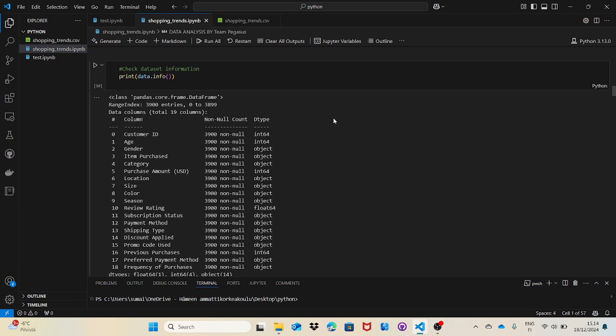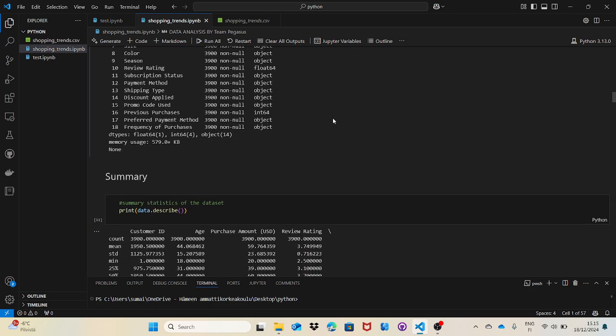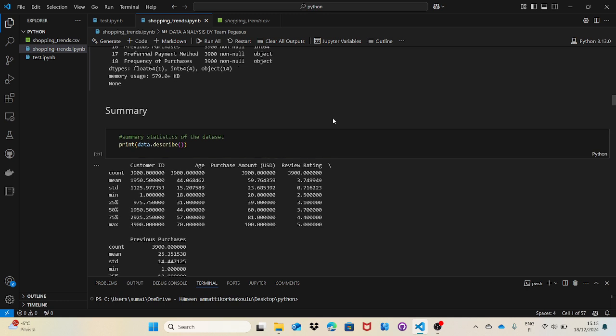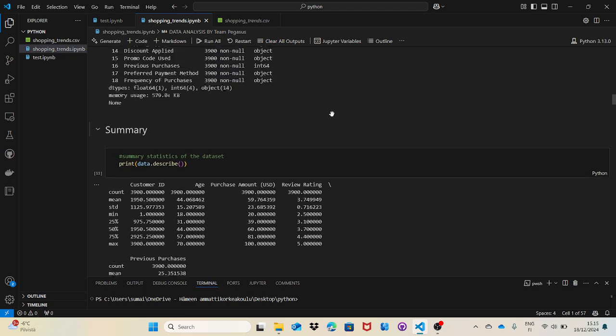By using functions like info, I gathered important details such as the number of rows and columns, the type of data in each column, such as numerical, category, etc., and the presence of any missing values. For example, if a column like age had missing values, it was clear that we would need to address this in the next step.